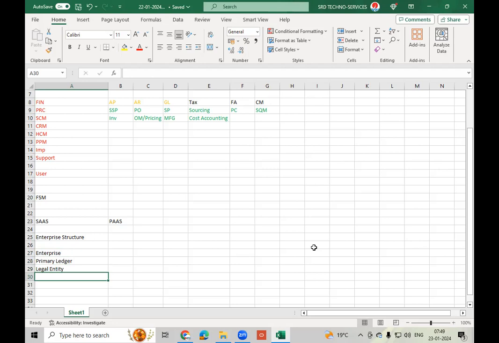That is one initial parameter, just to define this legal entity, but not only that, there are other reasons also why I will define more legal entities. The next one is business unit.